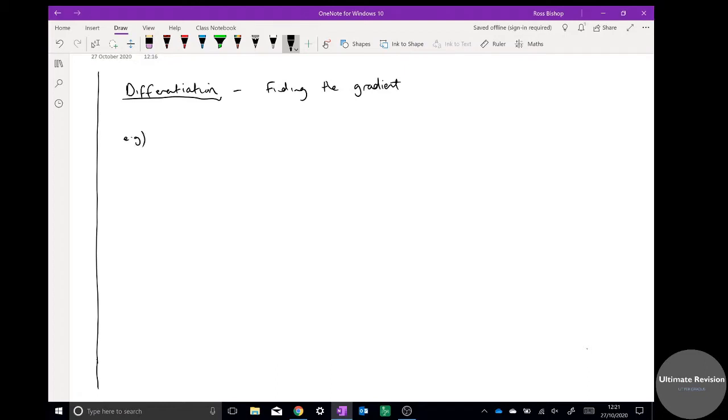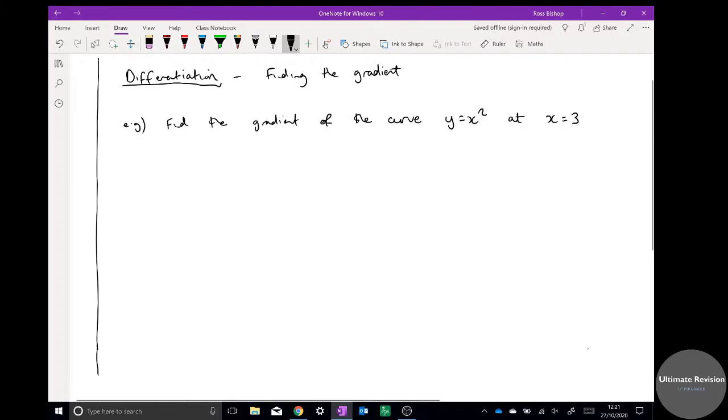Now, if I had: find the gradient of the curve y equals x squared at x equals 3. Okay, that could be a question.